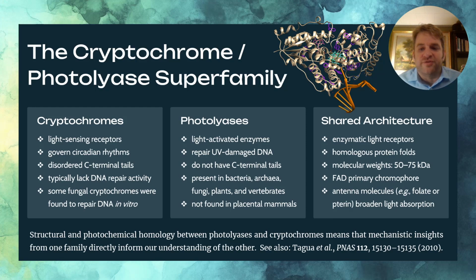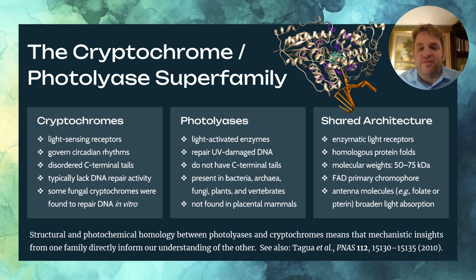Cryptochromes and photolyases are in the same family, even superfamily of proteins, because they share similar architectural features. They're both ultimately light receptors. They carry out either signaling or DNA repair functions. They have homologous protein folds, molecular weights of 50 to 75 kilodaltons, and a primary chromophore that's a flavin type chromophore.